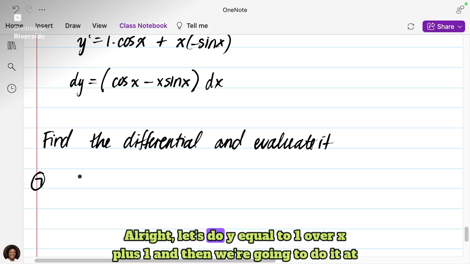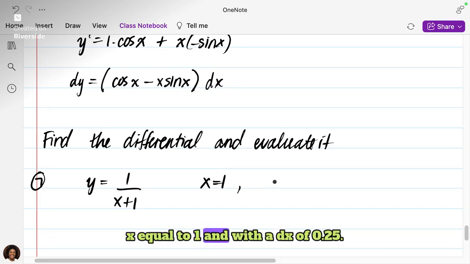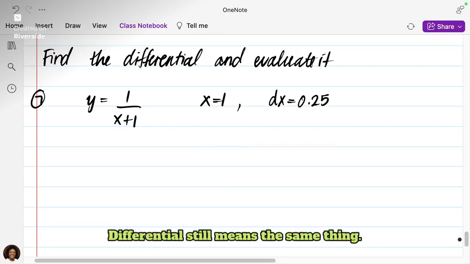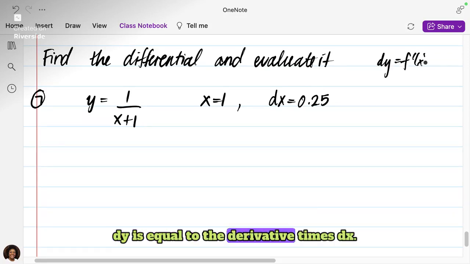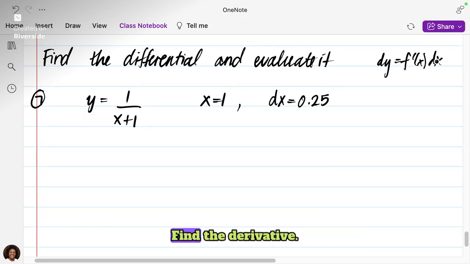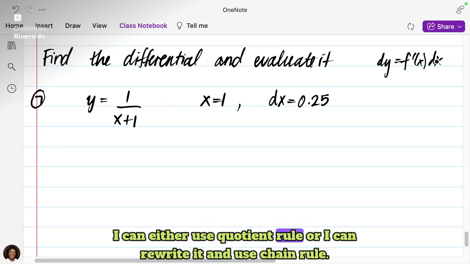All right, let's do y equal to 1 over x plus 1, and then we're going to do it at x equal to 1 and with a dx of 0.25. Differential still means the same thing. Dy is equal to the derivative times dx. Find the derivative. I can either use quotient rule or I can rewrite it and use chain rule.